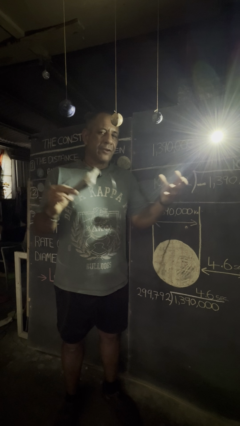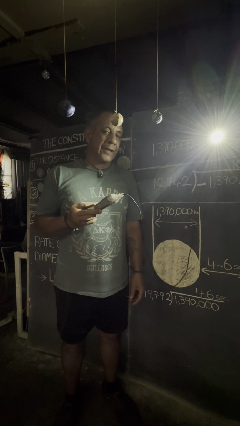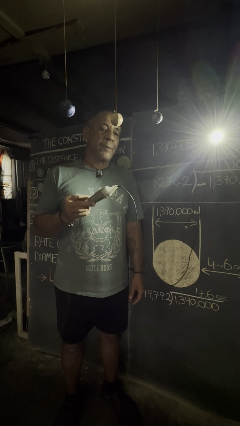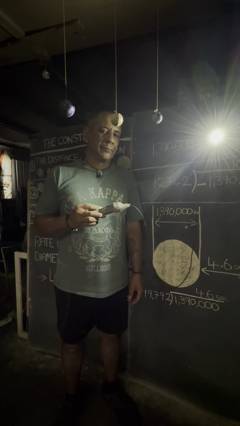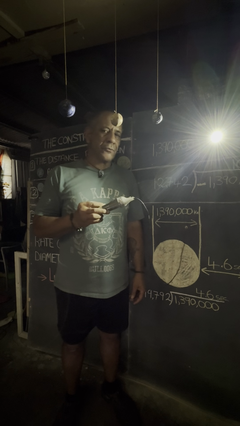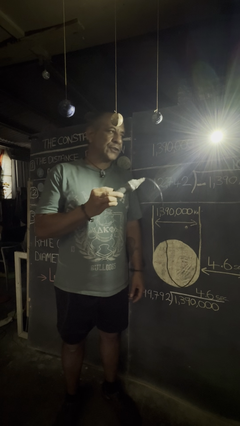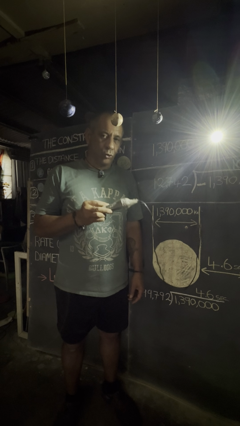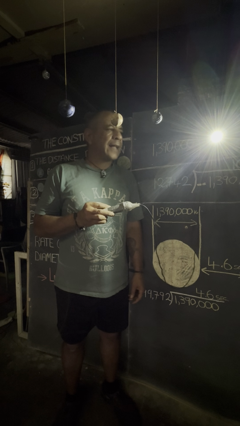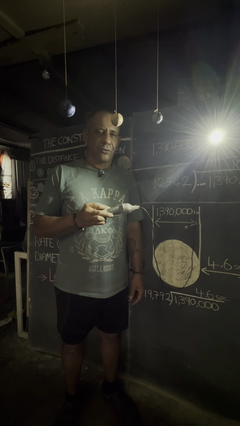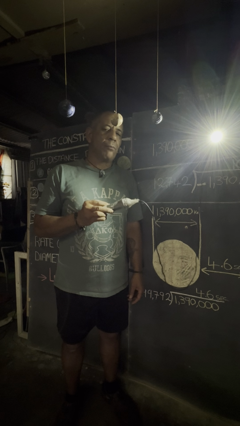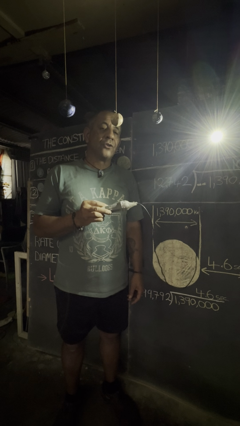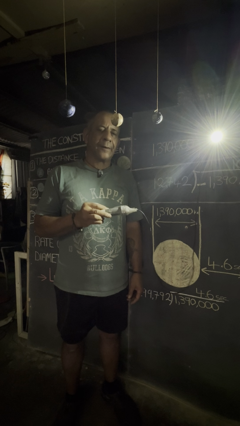I've shrunk everything down, but the properties of everything should remain the same. But it's impossible for them to remain the same because that light is too slow. There isn't anything in existence that takes 4.6 seconds to radiate its light the distance of its own diameter.